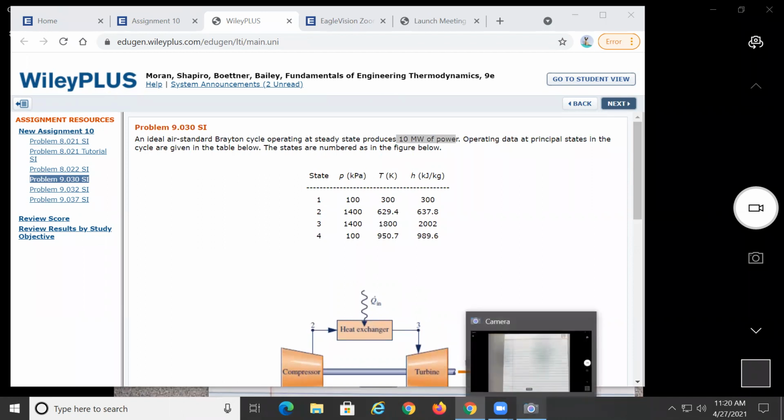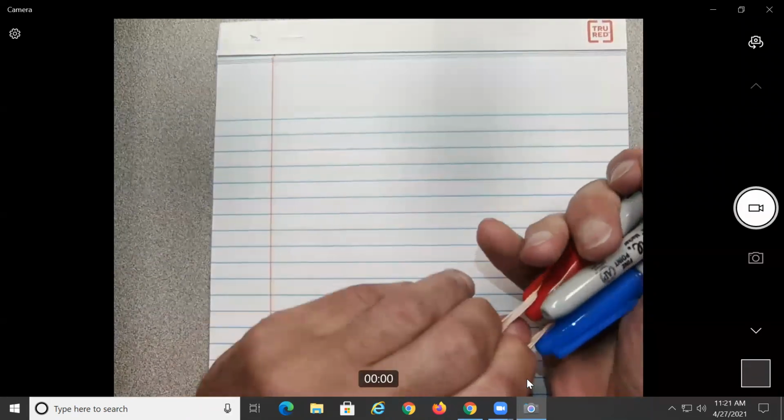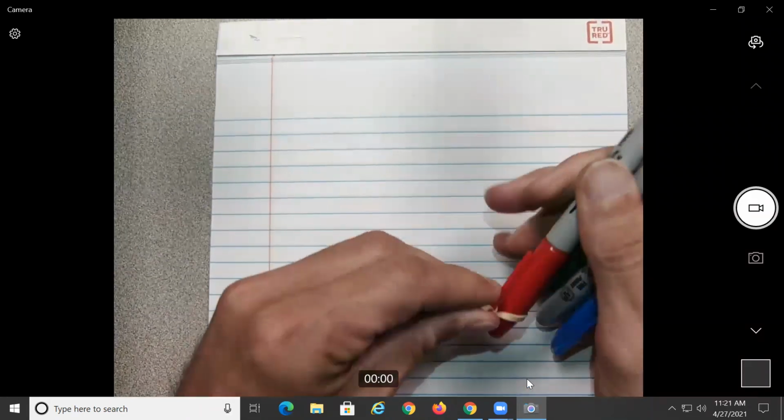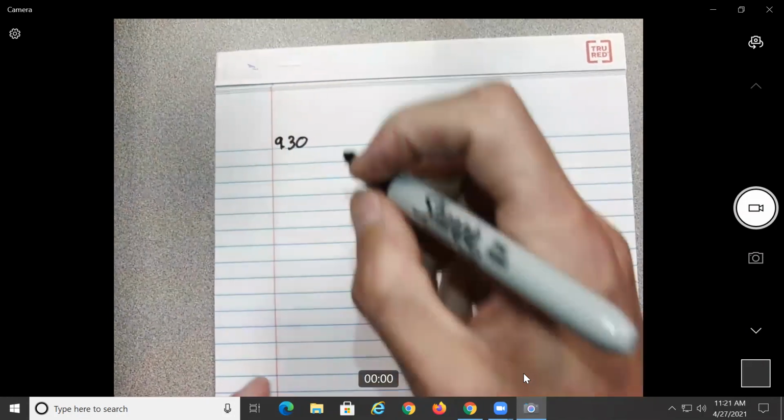If I do a quick figure, what we get is what?